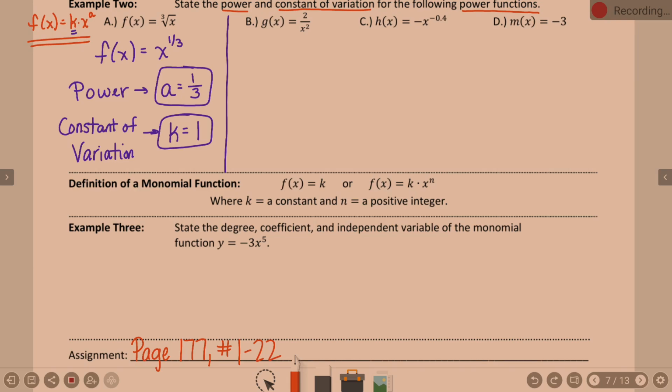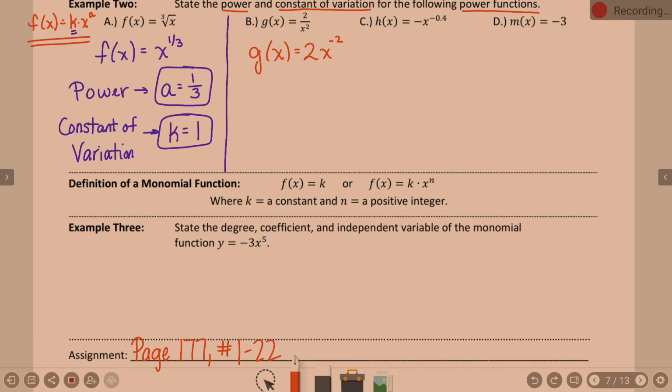No. Make your first job to match that provided form: number times x to some power. Right now I have number divided by x to some power. That's not what I need. So I'm going to rewrite this as g of x equals 2 times x to the -2, because to move an exponent across the fraction bar, we change the sign, yes?